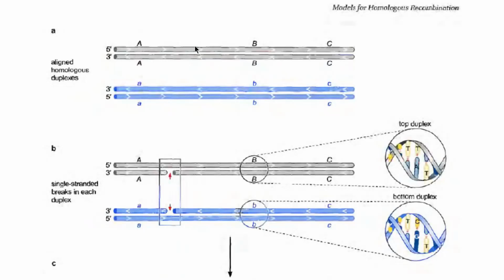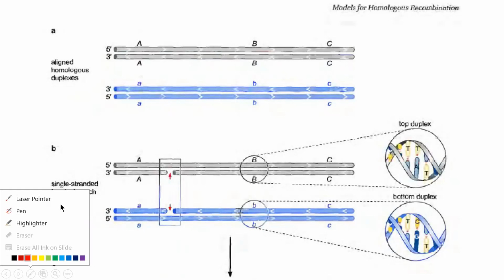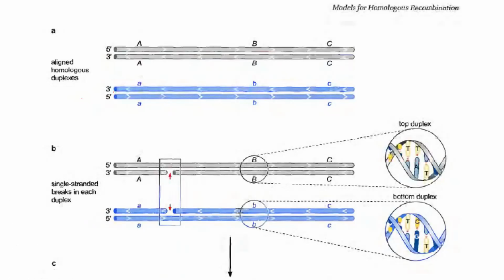In this case, you can see these are two homologous DNA molecules which are almost identical in sequence, and there are different alleles. The DNA shown in gray has alleles capital A, capital B, capital C, whereas the other DNA molecule, shown in blue, has small a, small b, small c.